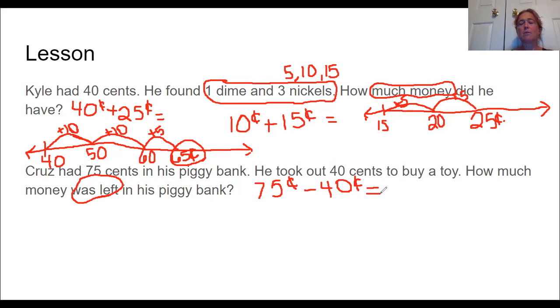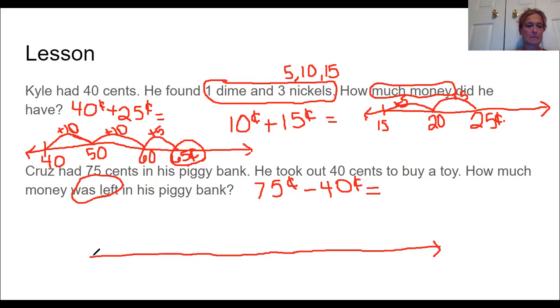What does that equal? I'm again going to do my number line. This time I'm going to start with 75. You could also do adding up. I'm just choosing to subtract.